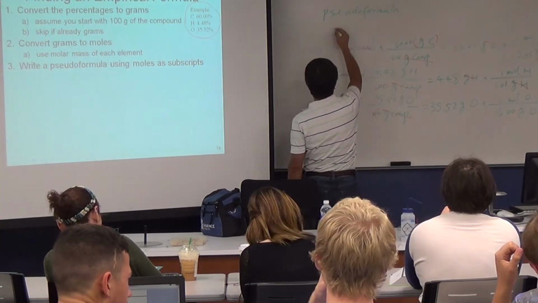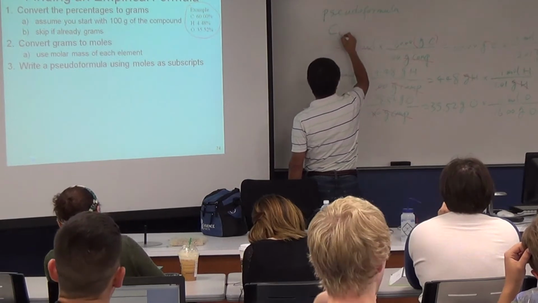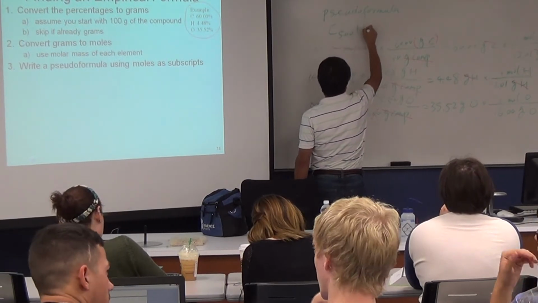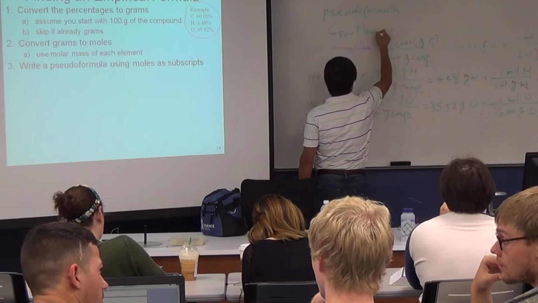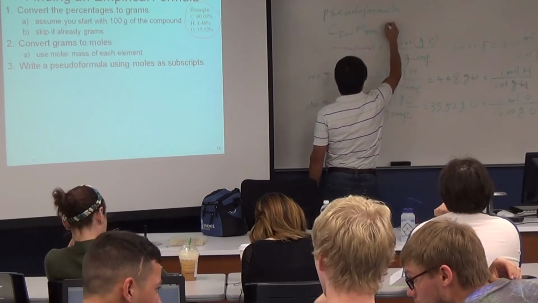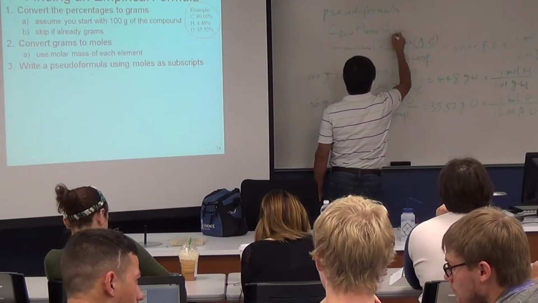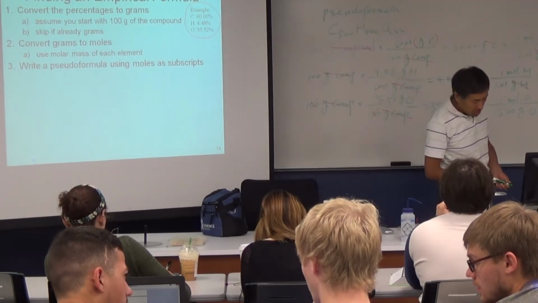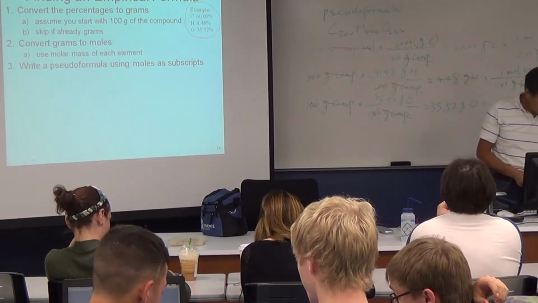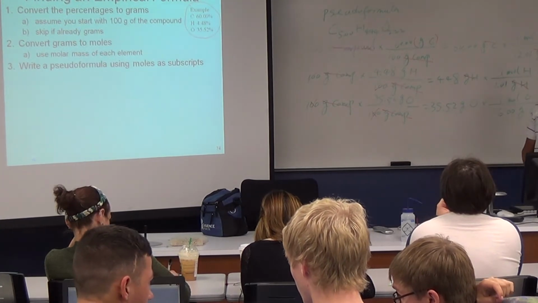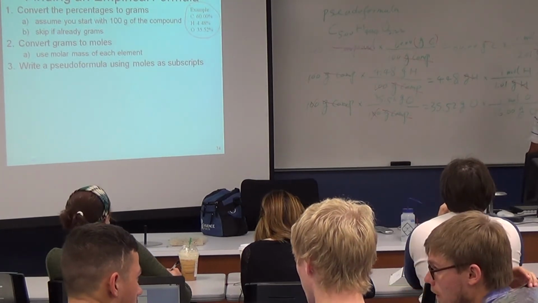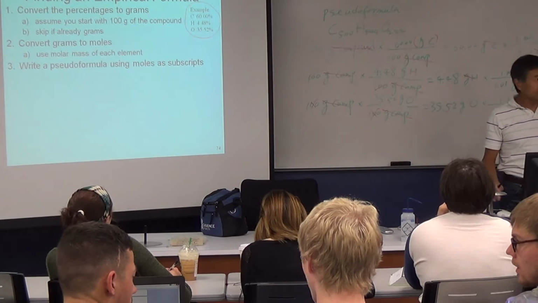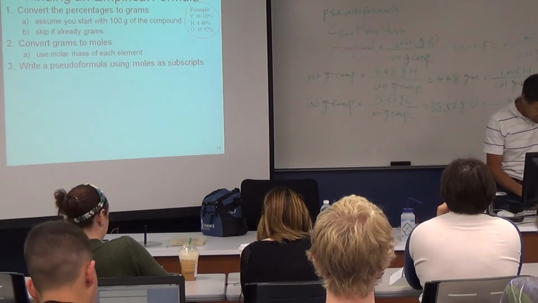Usually we write the carbon first. So carbon is 5.00 and H is 4.44, and then O is 2.22. Am I right? Okay. Any questions? Okay, good.